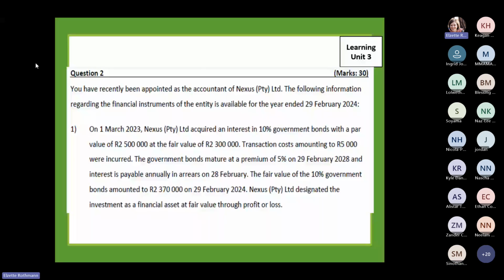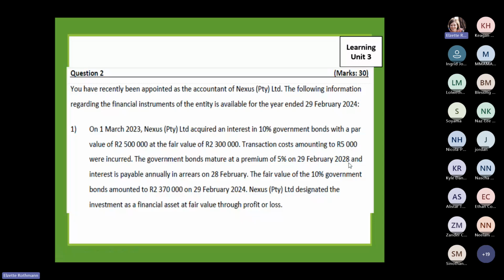Okay, so then back to this. To calculate your interest, we take the 2.3 million plus the 5,000 as your present value. Yeah, I will show you that slide just now. Then your years: they tell you 1 March 2023 and it's ending 29 Feb 2028.